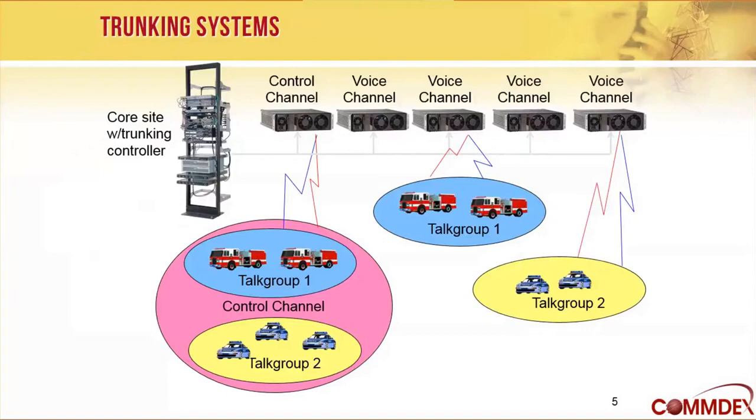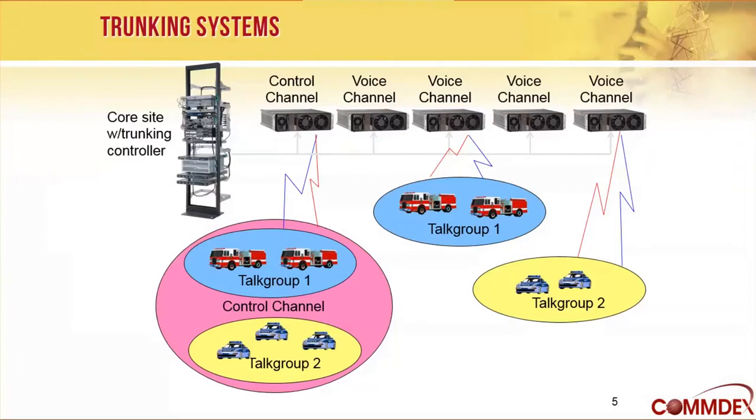You set aside one of the channels to be a control channel, and the control channel's purpose is to send signals back and forth on an uplink and downlink to the users, mostly in the background. The users aren't even aware that it's happening, to assign channels and talk groups and basically manage the system.